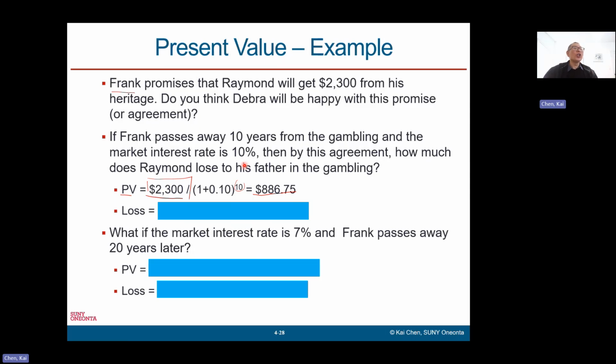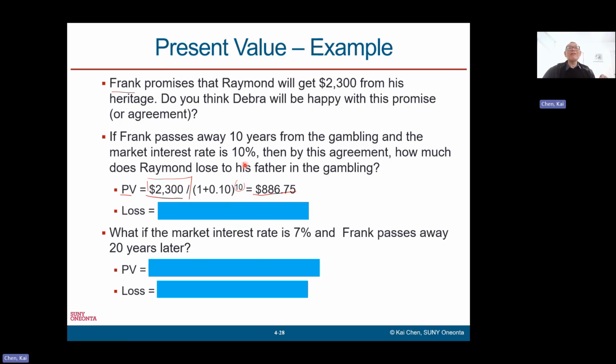After 10 years, go to your bank and get all the dollars out, and Frank said, I believe that is $2,300. So in this way, I give you back $2,300.